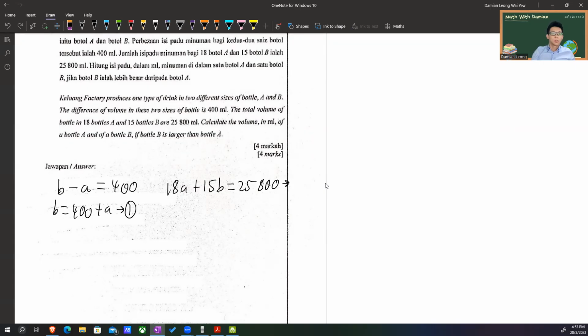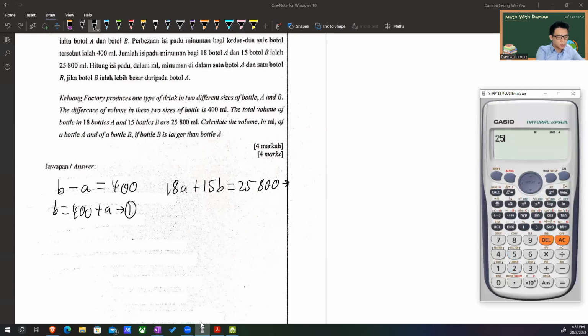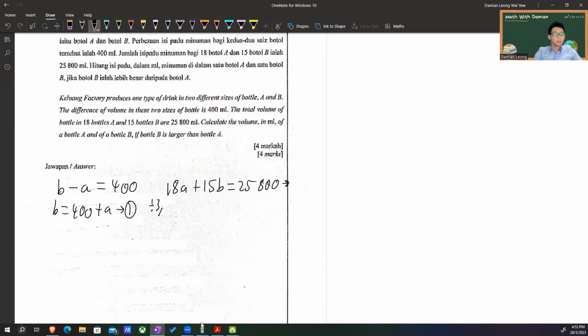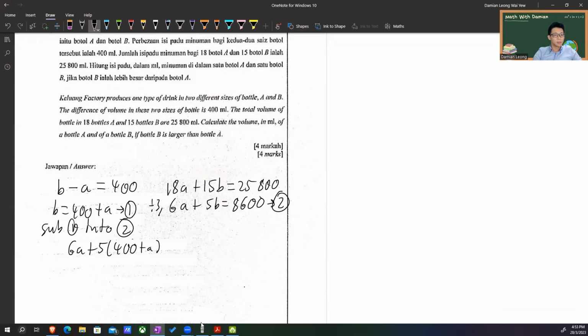I can use substitution. Actually this one I can divide by 3 first. 6A plus 5B is 8,600. Then it's slightly easier to count, smaller number. Substitute equation 1 into equation 2. 6A plus 5B, B is 400 plus A, equals 8,600.